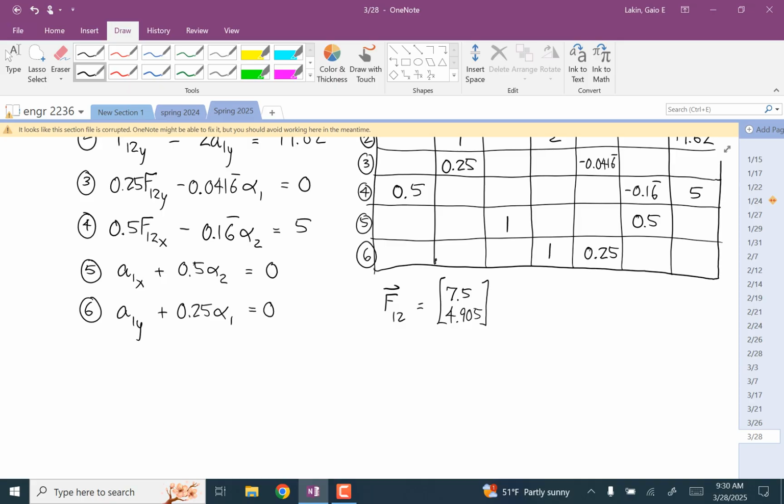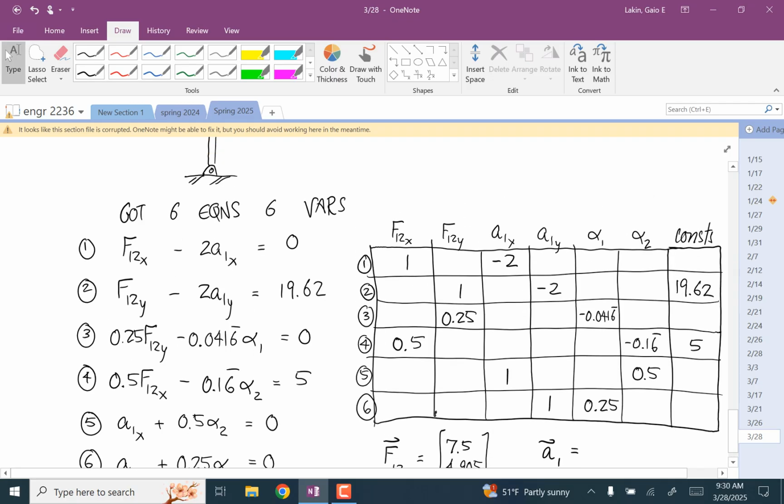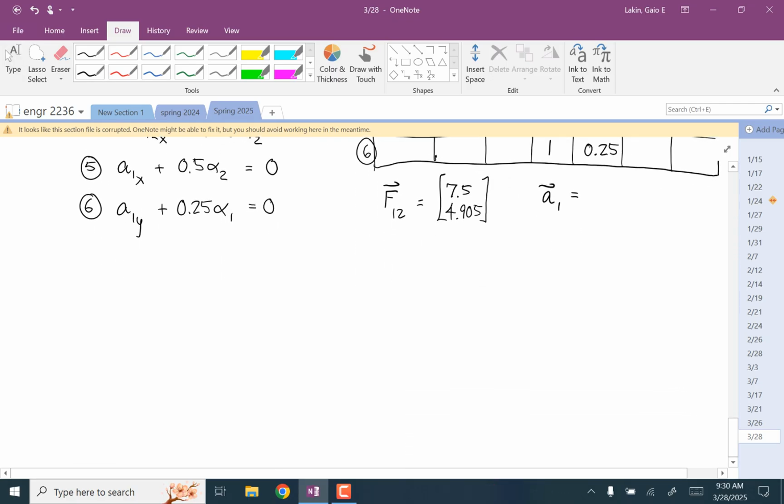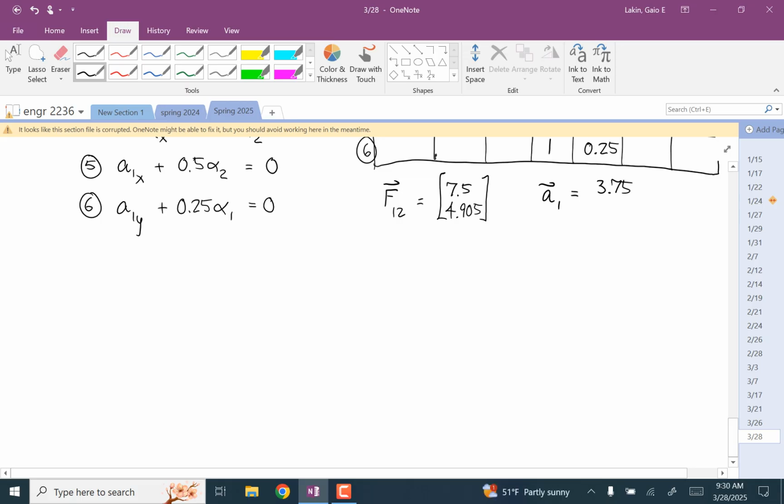And then for the acceleration of the center of mass of body 1, I got 3.75 for x. This force is newtons, by the way. This acceleration, 3.75 for x, negative 7.36 for y.